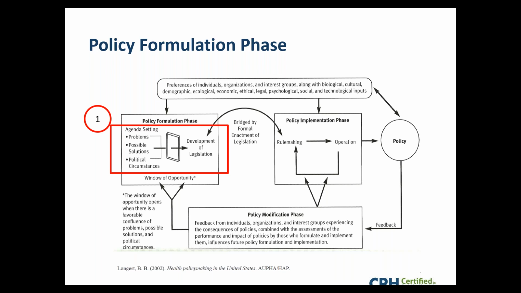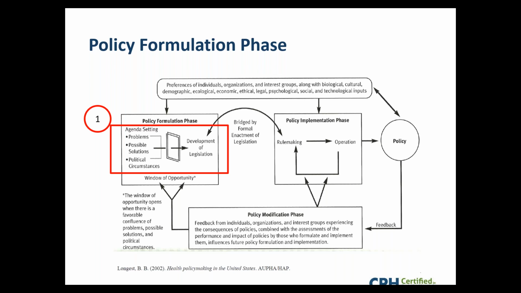In the policy formulation phase, we have to recognize that there is a problem. And when we do that, we can then develop possible solutions and understand the political circumstances. And when that happens, there's something called a window of opportunity. And when that presents itself, you can develop legislation that could then pass.